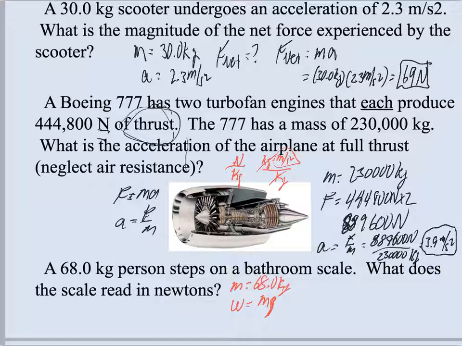And that means that we simply take our formula for weight equals m times g, and we plug in 68 kilograms, multiply that by 9.81 meters per second squared. And when we do that, we end up with 667 newtons for our weight. So pretty straightforward for that.